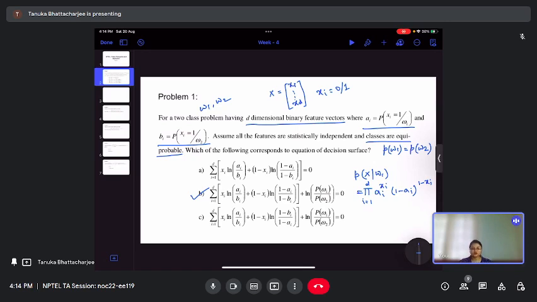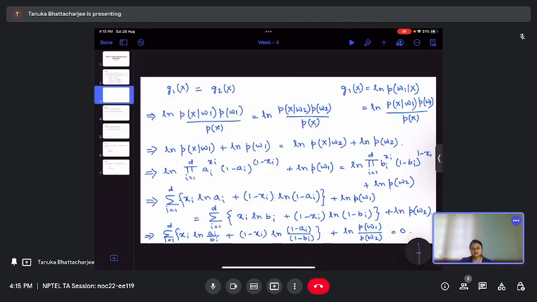So this ln of p omega 1 by p omega 2 term will become 0, and we will get the expression given in option A. If we are trying to write the expression for a general prior probability, then option B is that answer. So it is valid here also, but since we have the further information that the two classes are equiprobable, we can further simplify this expression, and on simplification we got the expression as option A. So this is basically the equation of decision surface in this particular case.